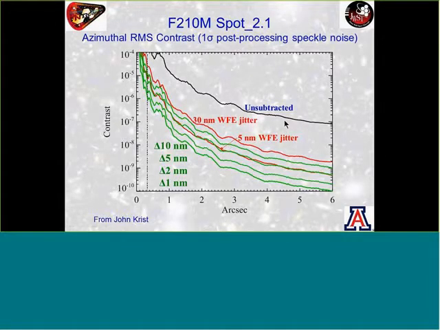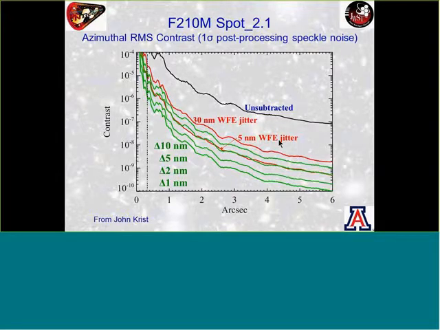This is the performance of the 2.1 micron spot, the only short wavelength spot, and this was computed by John Krist. We expect better contrast ratios at longer wavelengths. If you just took a single image, this black line called untracked is the kind of suppression that you would get.